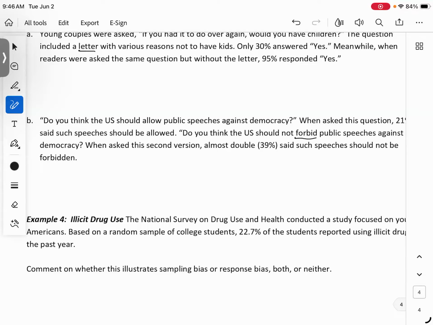And so people respond more strongly against this, saying yes, the U.S. should not forbid, because they're trying to control us or something. You would want to make sure that you mention the word forbid and say what it might do to people. Forbid might make people feel threatened or attacked, and so they respond more aggressively against that.